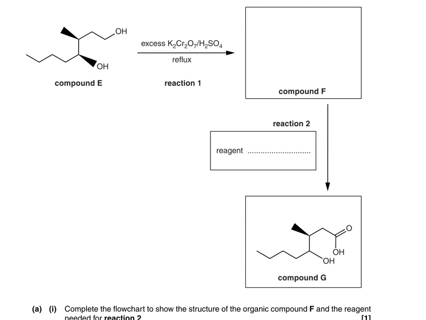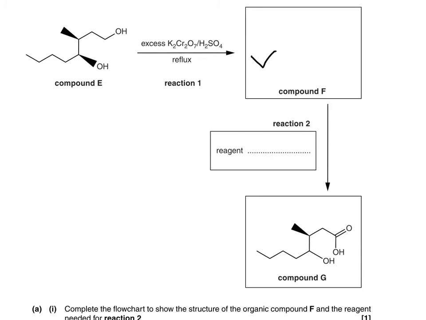Okay, so now we're on to question 4, and it's a case of completing off our flow chart here. So reaction 1, we have sodium dichromate, which is an oxidizing agent, and what is it going to oxidize? It's going to oxidize here and here, and it's excess and it's reflux, so it's going to oxidize as much as possible.